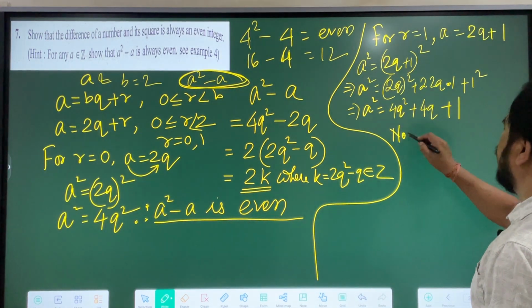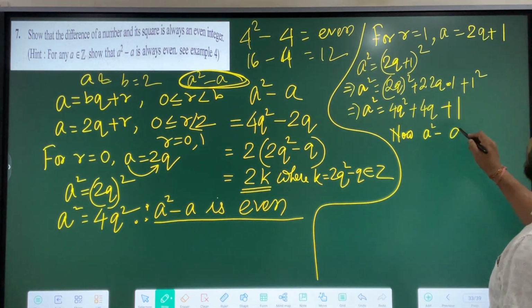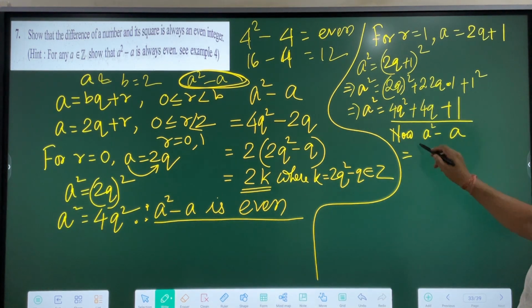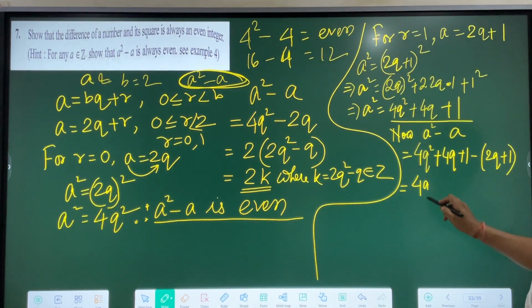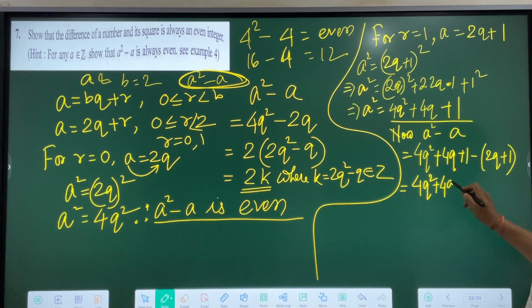Now a square minus a: a square is 4q square plus 4q plus 1, minus a, and this a is 2q plus 1. I have put bracket because of this minus sign, as you know. 4q square plus 4q plus 1 minus 2q minus 1. Plus 1 minus 1 cancel.